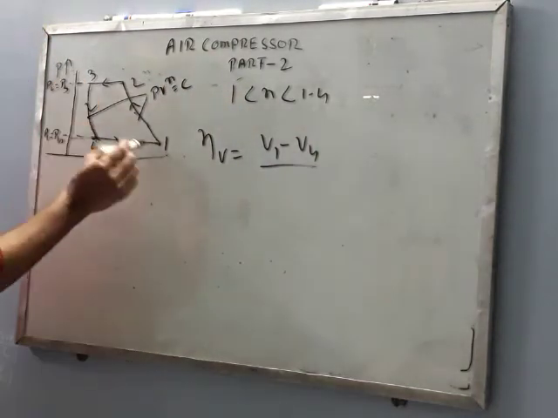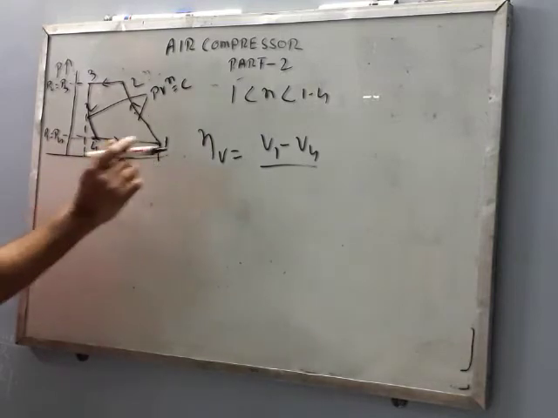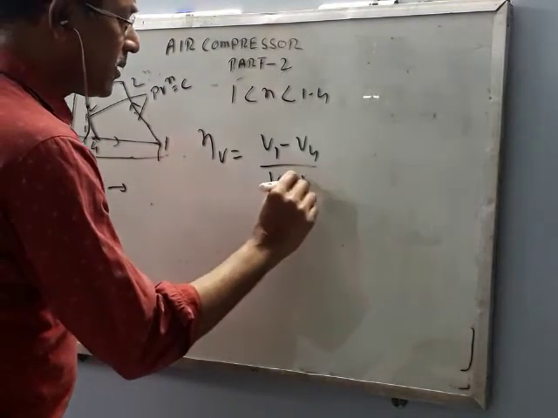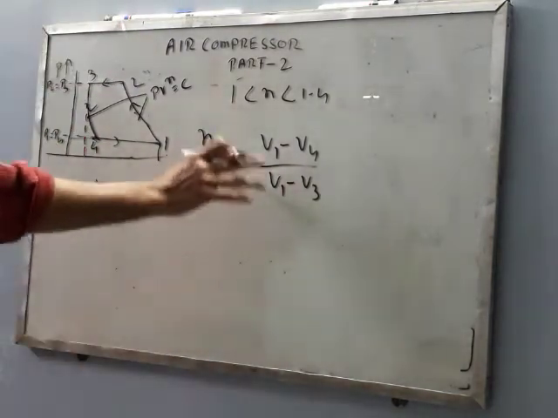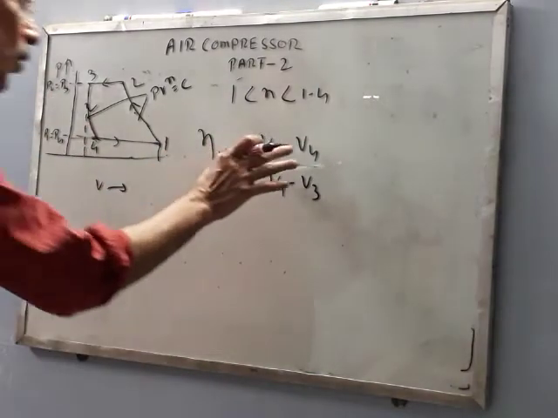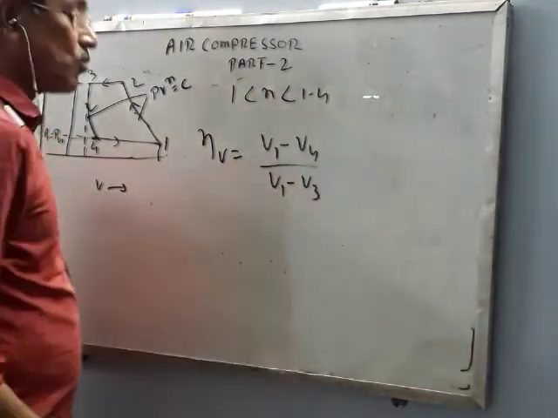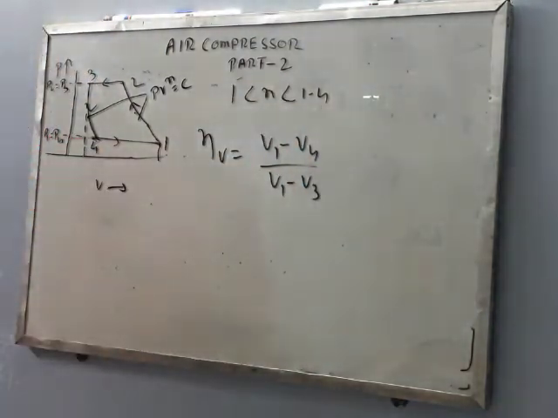What is the swept volume? That means the piston displacement, that is V1 minus V3. So this is the volumetric efficiency of an air compressor: volume of air actually sucked during the suction stroke divided by swept volume.